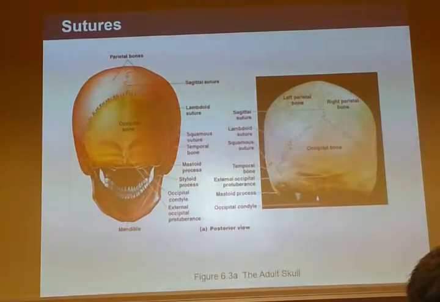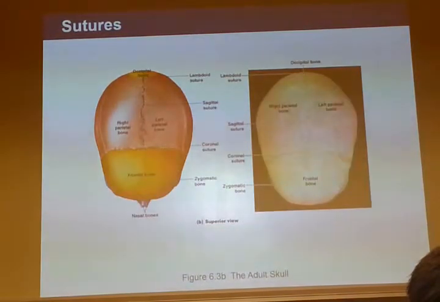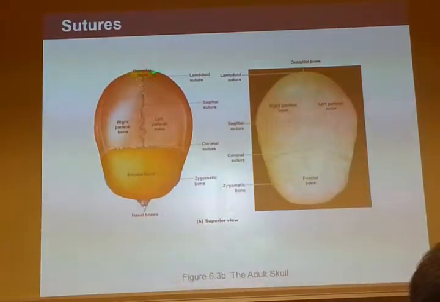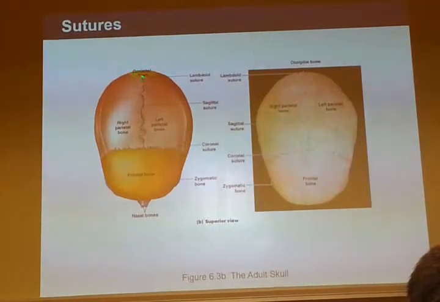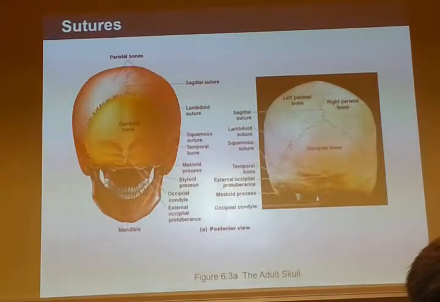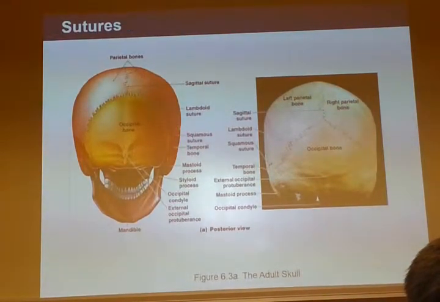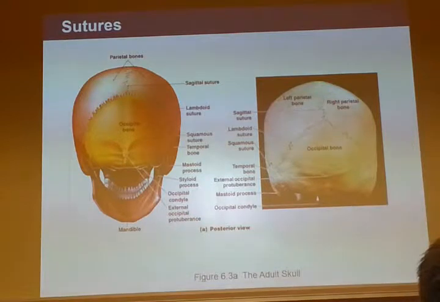Looking down from on top, you see the Greek letter lambda here. This is your lambdoidal suture. Doesn't really include the sagittal suture. This part is the lambdoidal suture, and then this is your sagittal suture.